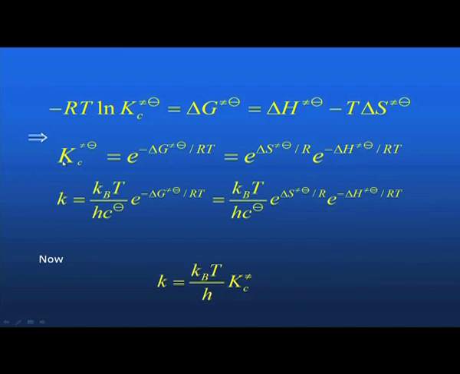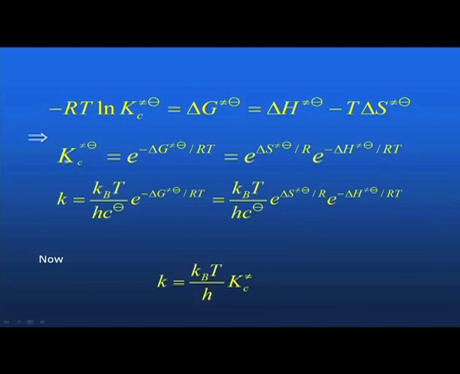Therefore, we have come to a relation for the equilibrium constant that describes the equilibrium between the reactant and the activated complex. That is, Kc double dagger 0 bar is equal to e to the power, that is this; there are two exponential quantities.